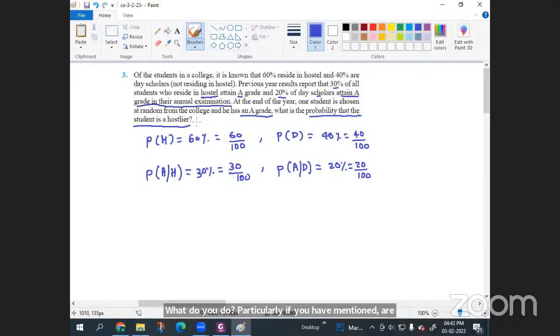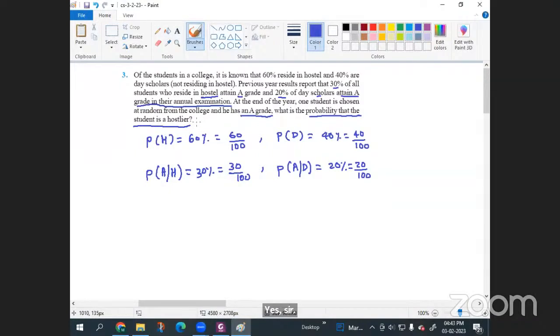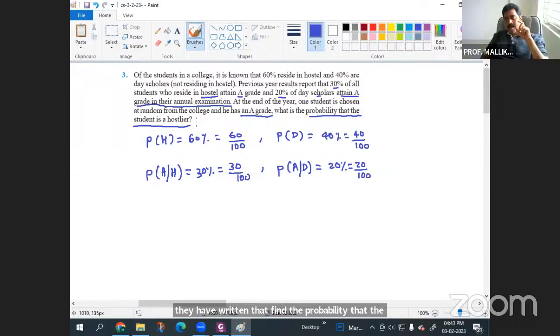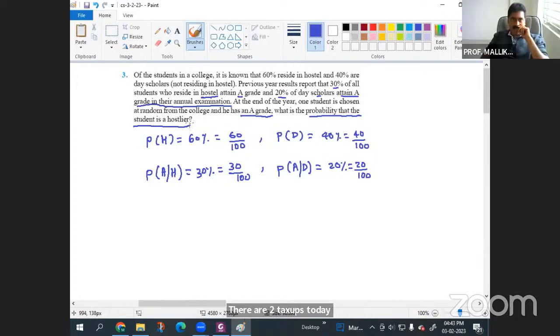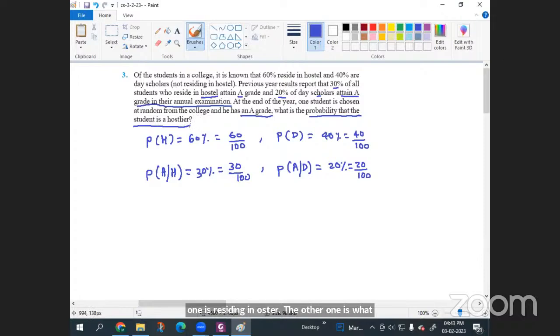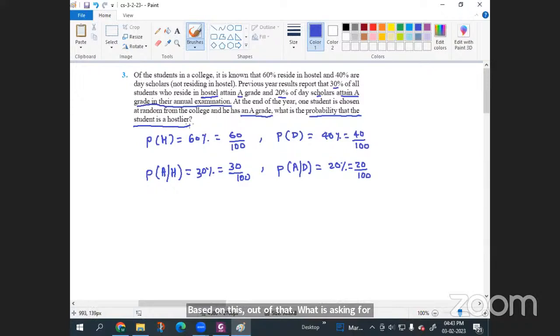They have written: find the probability that the student is a hostler. How many types of students do they have in the college? There are two types of students. One is residing in hostel, the other is day scholars. Out of that, what is being asked? They have said that the student has A grade and resides in hostel.